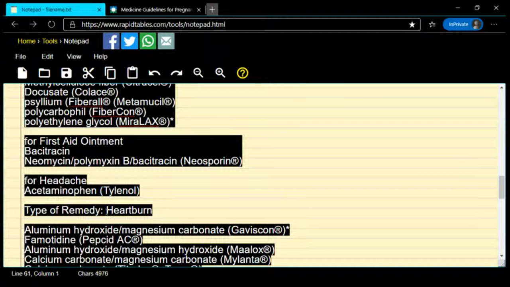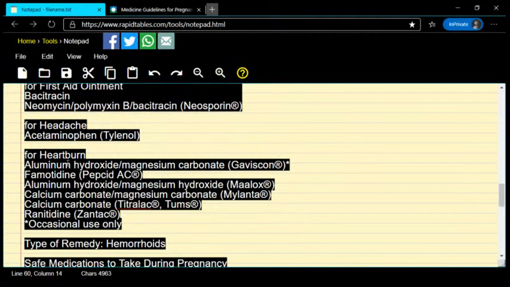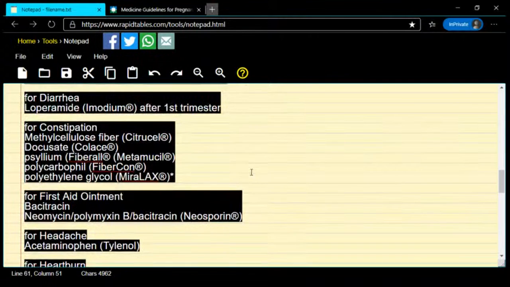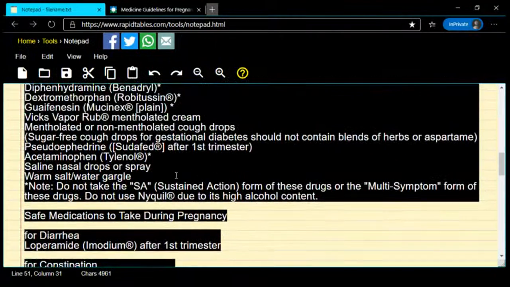Next is types of remedy for heartburn. It is aluminum hydroxide, magnesium carbonate, Gaviscon.